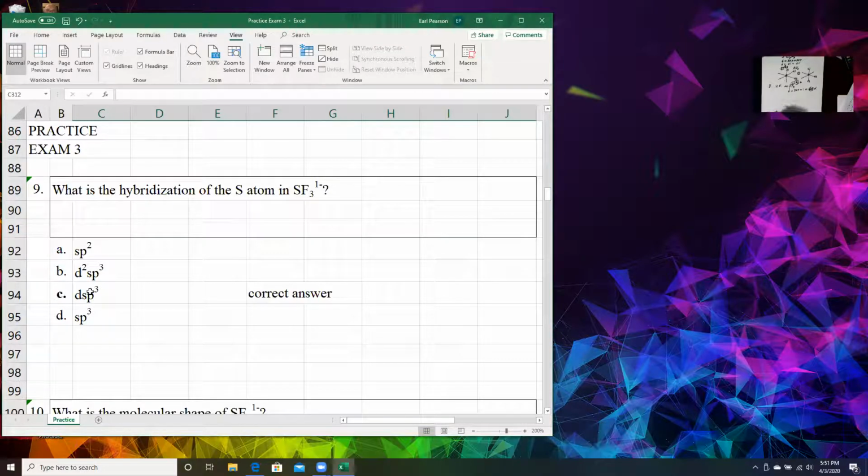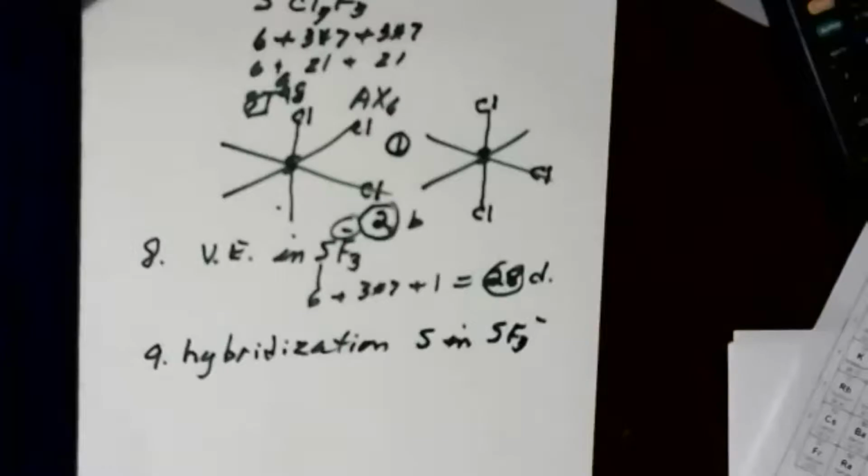So number 9 is going to be the hybridization of the sulfur atom in the same molecule, SF3 minus. Okay, so let's get where you can see my pad again.